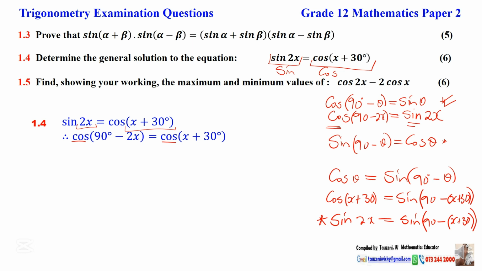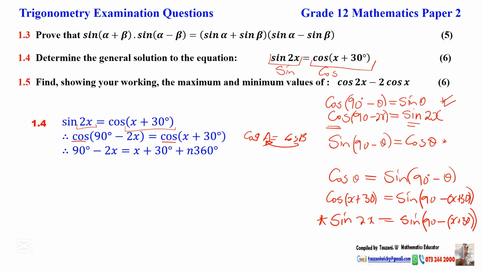Once you change one of them, it's like having cos A. If I say to you cos A is equal to cos B, then we expect A and B to be equal to each other. So we equate the angles. You don't divide.